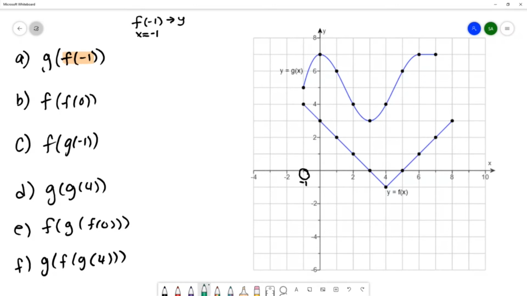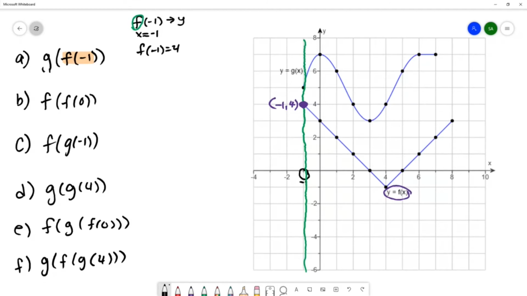And along this vertical line, every ordered pair on this graph will have an x of negative 1. Since this is labeled with f, we want to focus on the point that is on the graph of f, and that's this point here. That ordered pair would be the ordered pair negative 1, 4. And since it's on the graph of f, we know that f of negative 1 is equal to 4.